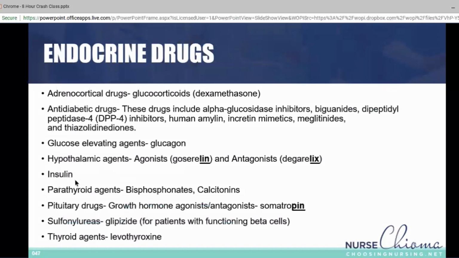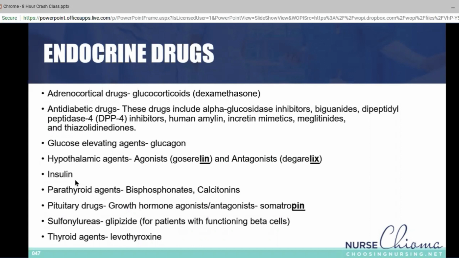Then you have endocrine drugs. With endocrine medications, there are different types aside from only the ones that treat diabetes, but we have adrenocortical drugs, so glucocorticoids. A very good example of this is dexamethasone.